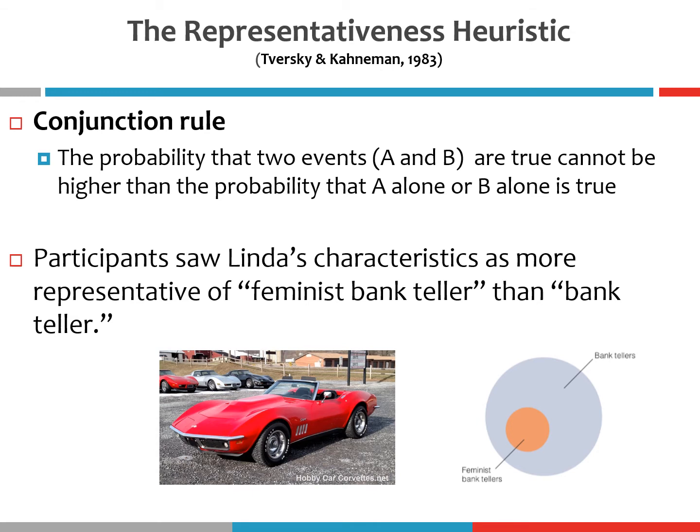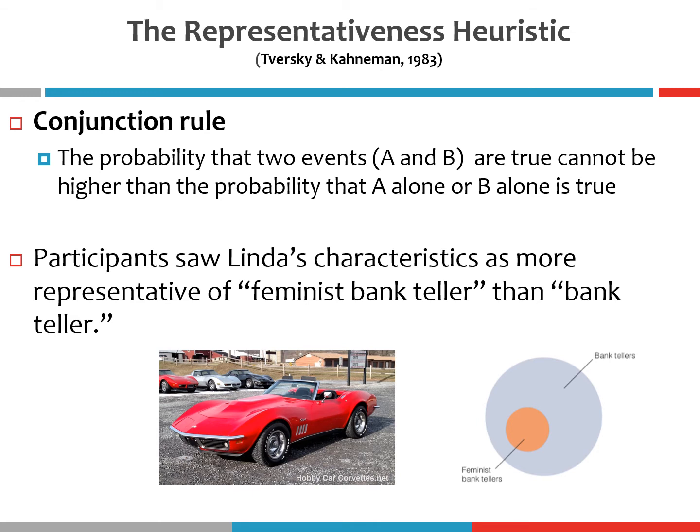So again, what's happening here, just like with the previous examples, is people are demonstrating a poor understanding of probability, right? So when you don't take into account the base rate, that's an example of a misunderstanding or a lack of paying attention to probability, just like the Linda problem, right?